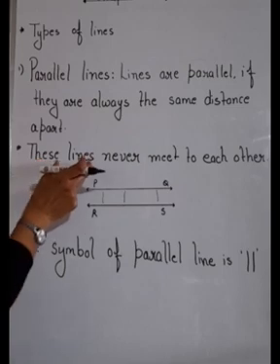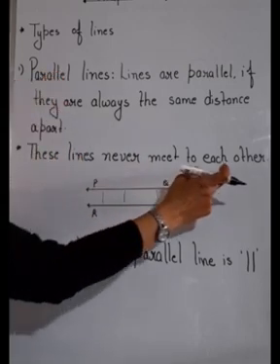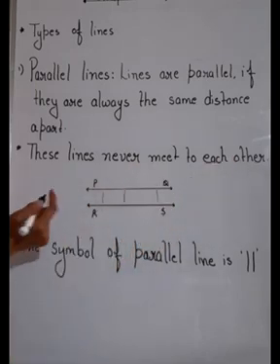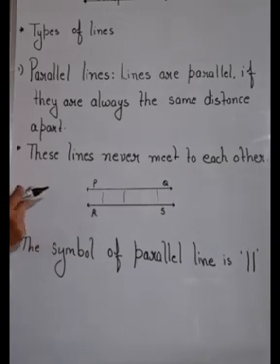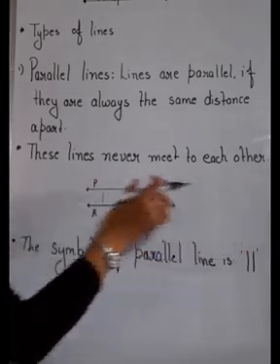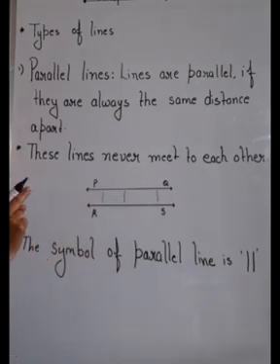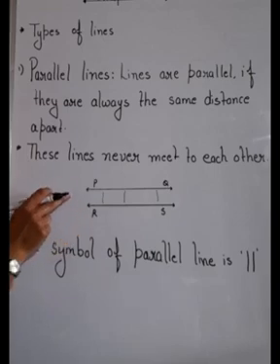Second point, parallel lines never meet each other. Okay, I told you that this arrow means that the line is extending towards this side and towards the right endlessly. Okay, so if I'm extending this line towards this side or towards this side, you can see that they will never meet each other.